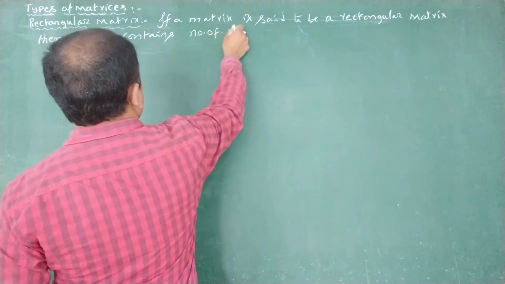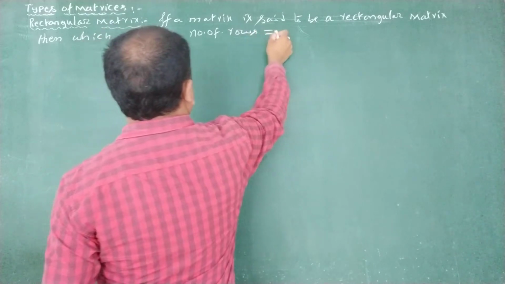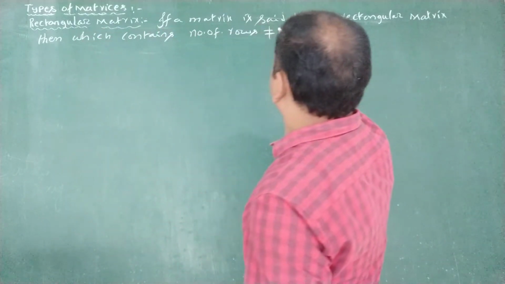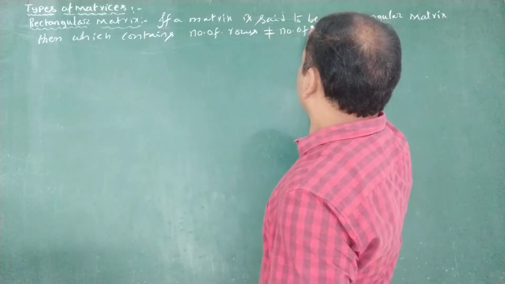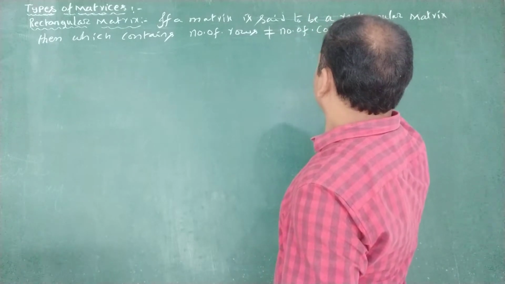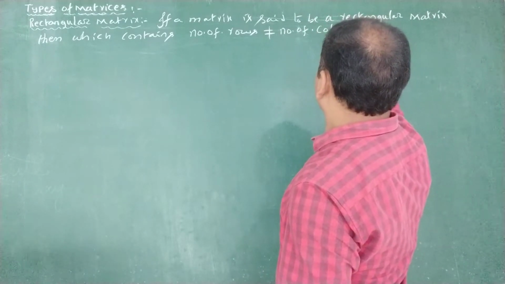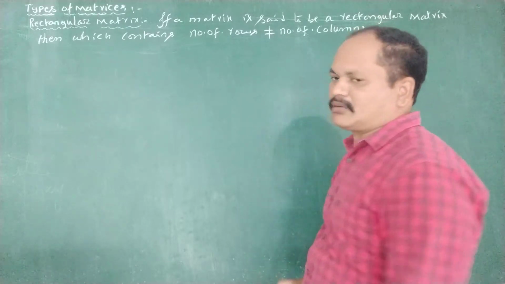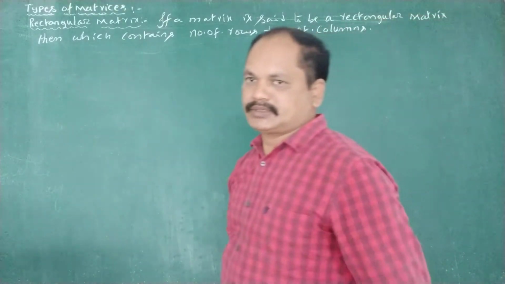Number of rows not equal to number of columns.